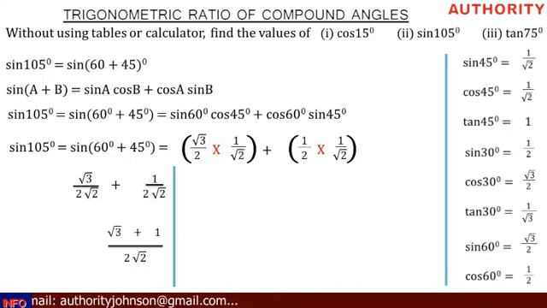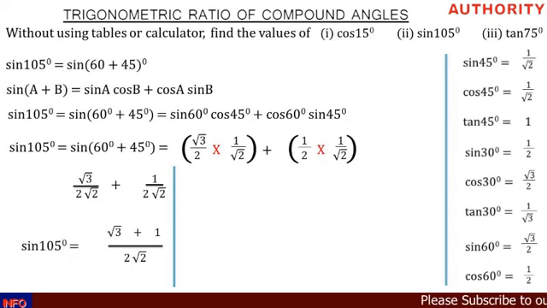Then we say plus. So 2√2 divided by 2√2 is going to give us 1. 1 times 1 is going to give us 1. So we are going to have √3 plus 1 all over 2√2. Okay, so we say that sine 105 degrees is equal to √3 plus 1 all over 2√2.